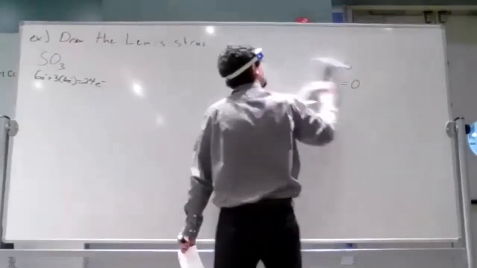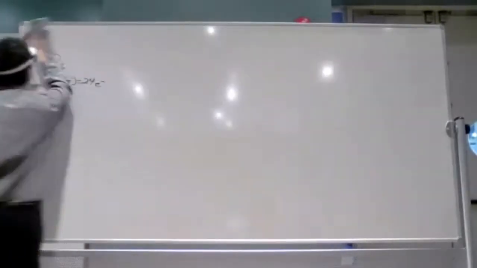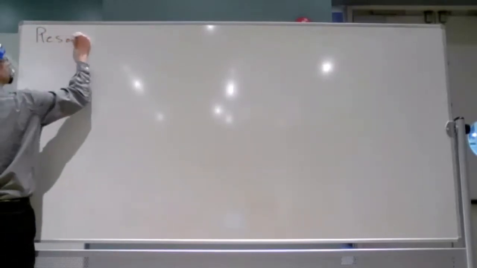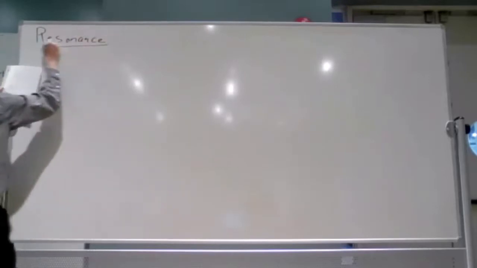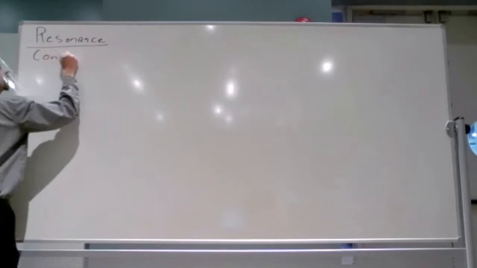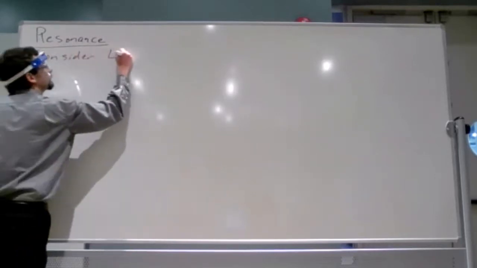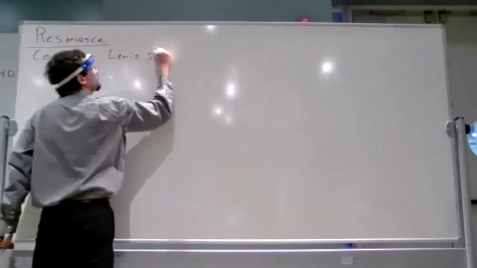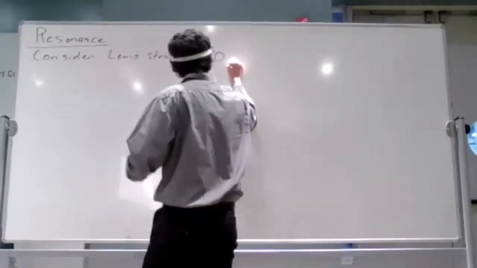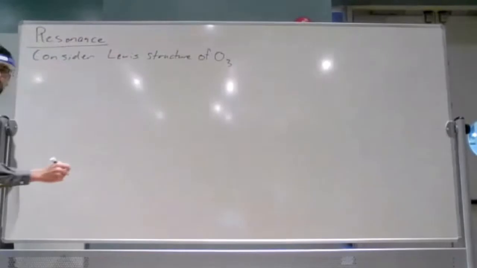So the next section we're going to have is called resonance. And we're going to consider the Lewis structure of O3 again. And how did we have ours drawn?